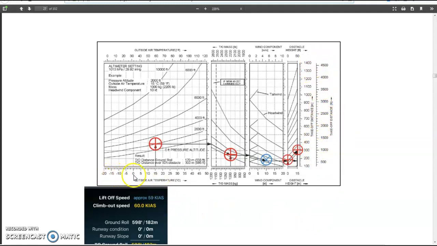On the bottom, you also have the outside air temperature in Celsius, which is what every single METAR will give you. And then you have the weight in kilograms. The bottom also has the wind component in knots, which is what you need. And then from 0 to 15 feet in meters. And then again, the takeoff distance and the takeoff distance with a 50-foot obstacle.